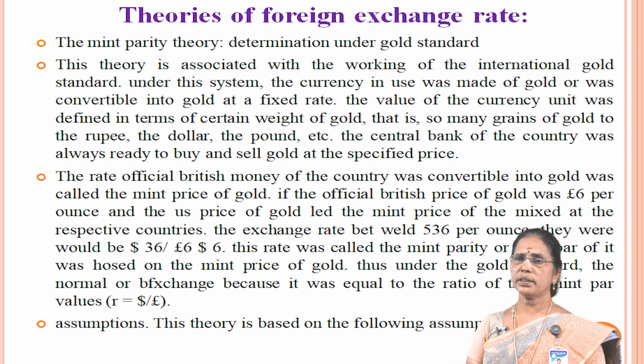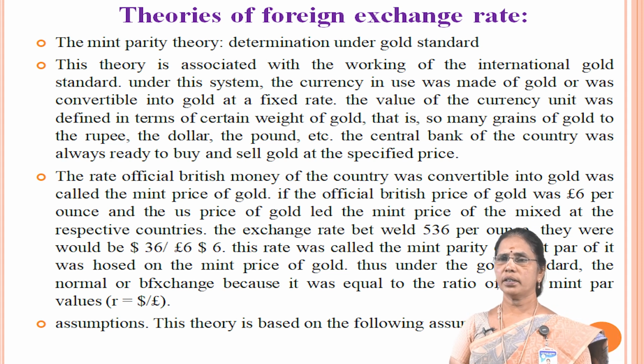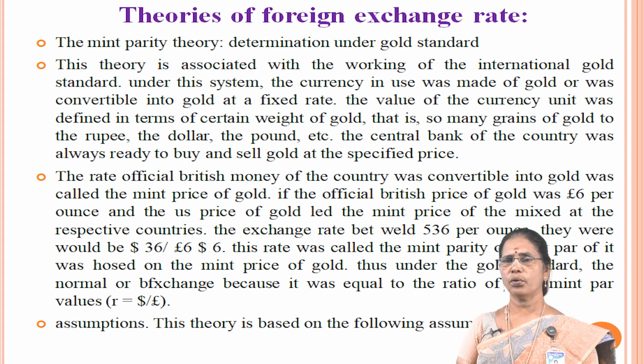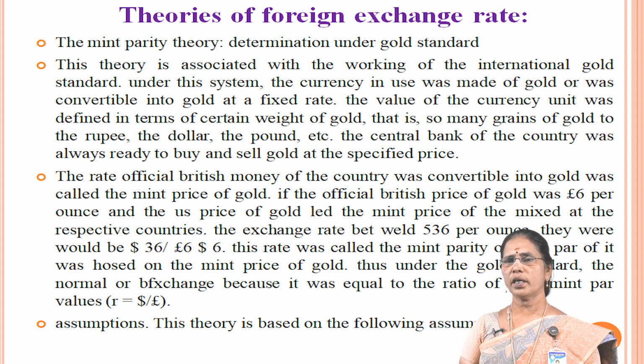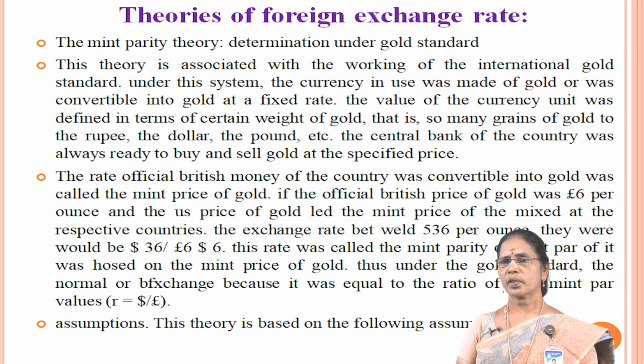The value of the currency unit was defined in terms of a certain weight of gold, that is, so many grains of gold to the rupee, the dollar, the pound, etc. The central bank of the country was always ready to buy and sell gold at the specified price. The rate at which the official money of the country was convertible into gold was called the mint price of gold.